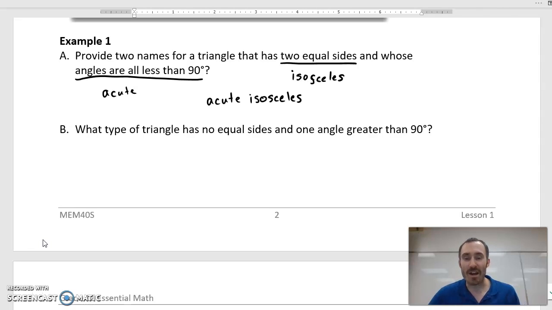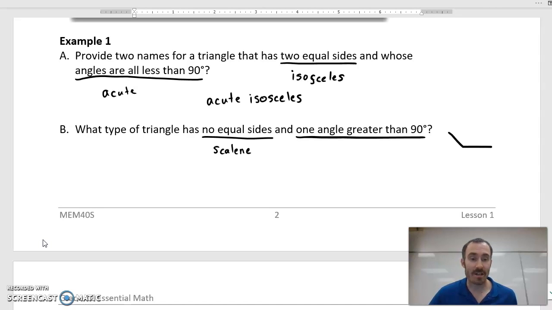B, what type of triangle has no equal sides and one angle greater than 90 degrees? No equal sides, that's scalene. And one angle greater than 90 degrees. Greater than 90 degrees, that's this type of angle. That's obtuse.